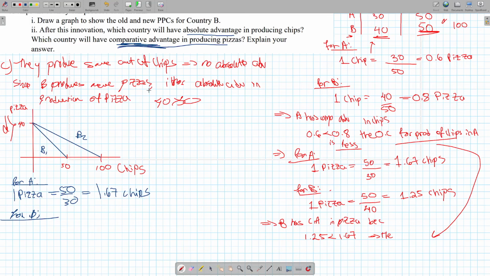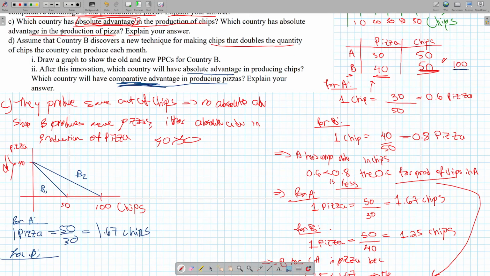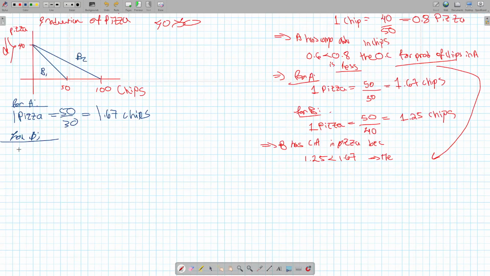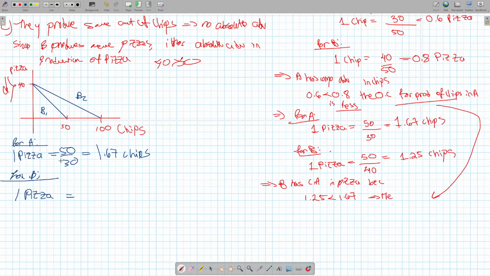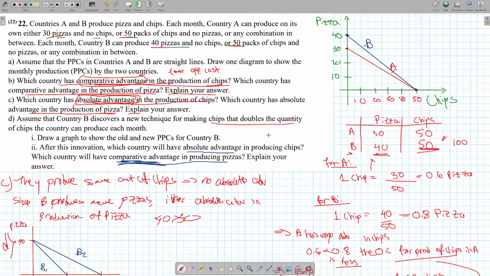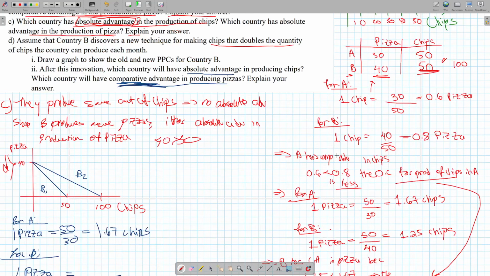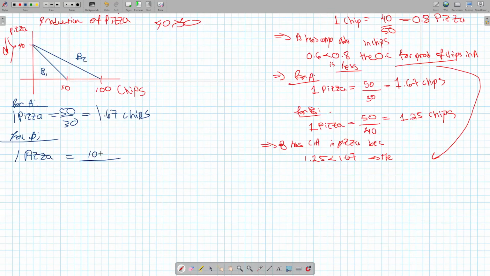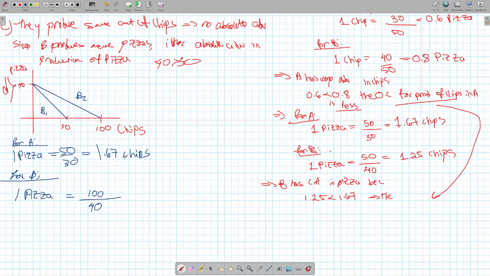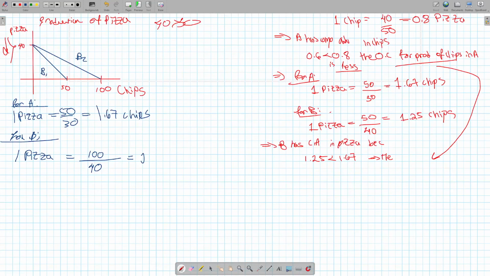Now for B, you do the same thing, but instead of using the old 50, we're now using 100 for the chips. For one pizza, same thing, you're always dividing. If you're calculating opportunity cost for pizzas, then pizzas goes in the denominator. So you take 100 over 40, and you get 2.5 chips.